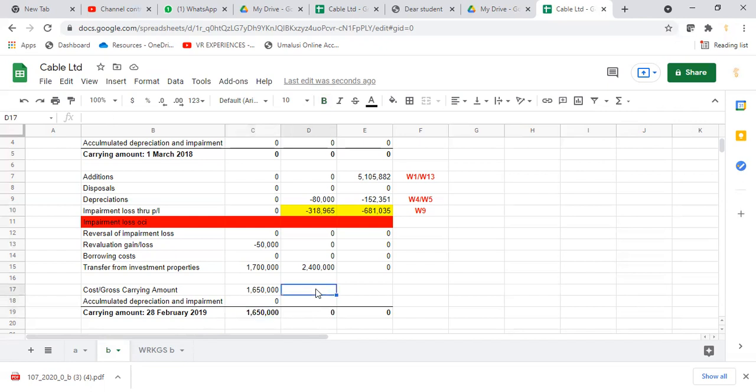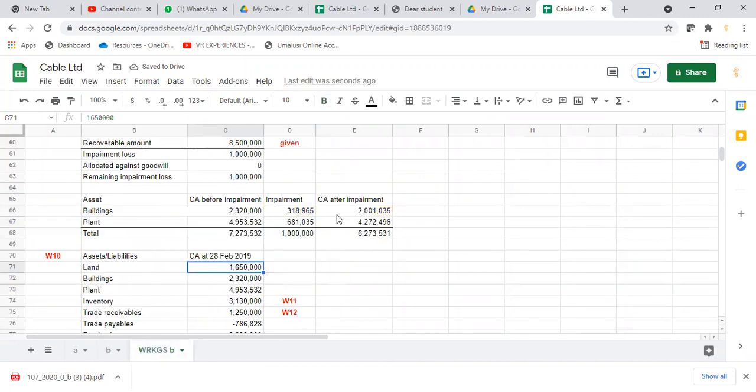Then over here, it is going to be cost, accumulated depreciation is going to be depreciation plus impairment. So as you can see, the 2001, what we expected, 2001.